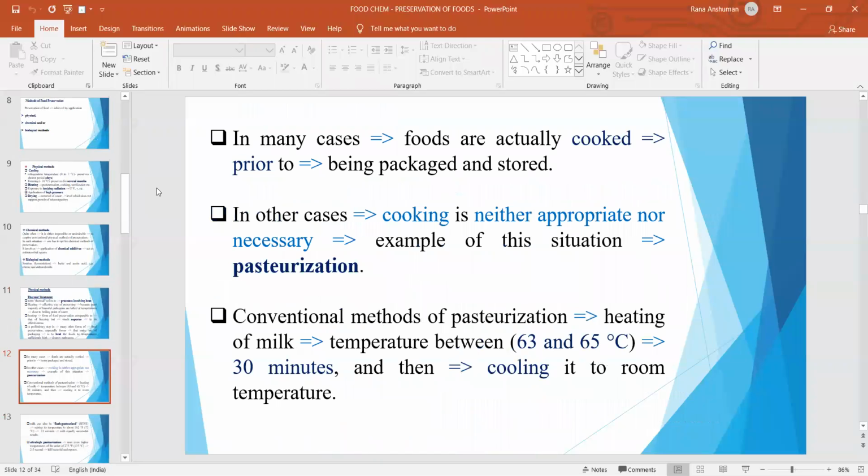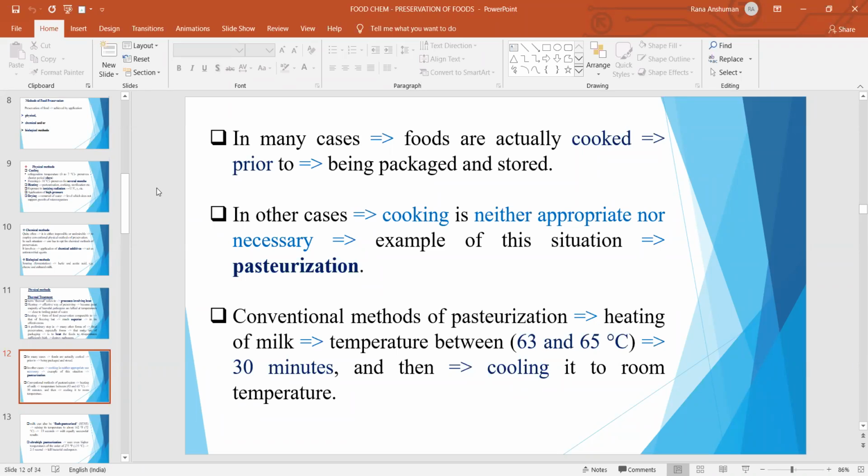In many cases, foods are actually cooked prior to being packaged and stored. In other cases, cooking is neither appropriate nor necessary. For example, treatment of milk. It is not cooked before preservation, and for that, pasteurization is done.